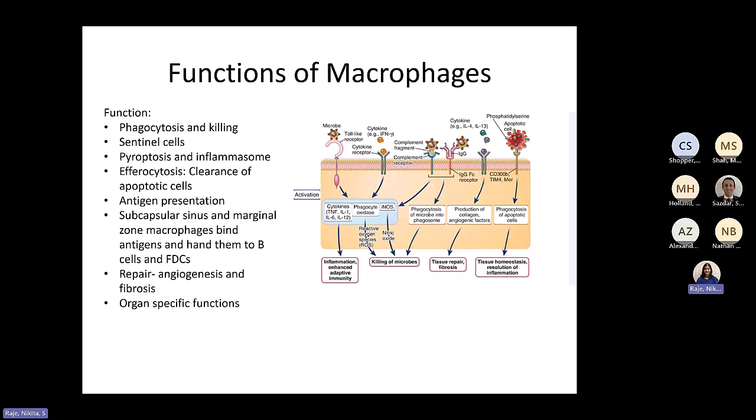We talked about the alternative function of tissue repair through angiogenesis and fibrosis by these macrophages. And then depending on the macrophages in particular organs, such as Kupffer cells or microglial cells, they have specific functions in specific organs.